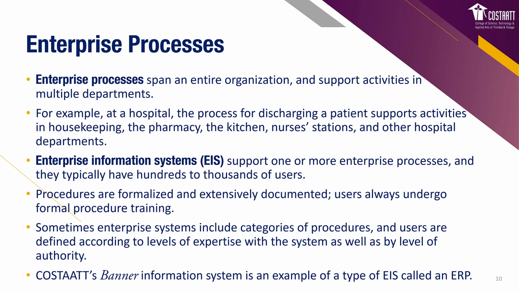So, enterprise processes span an entire organization and support activities in multiple departments. For example, at a hospital, the process for discharging a patient supports activities in housekeeping, the pharmacy, the kitchen, nurses' stations, and other hospital departments.